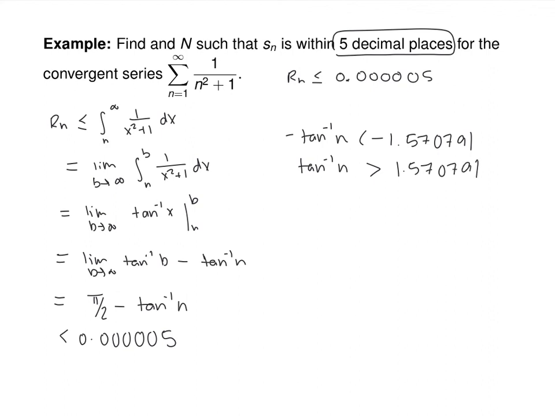And then I applied tangent to both sides and found that n was bigger than 1255.76. Now n refers to the number of things we add together, so in this case we always have to round up. So n is bigger than or equal to 1256 terms. So even if that had said 1255.1, you would have to round up to the nearest whole number.